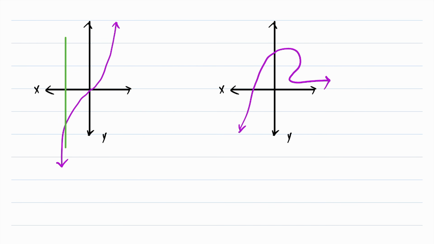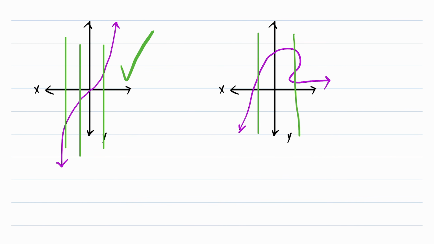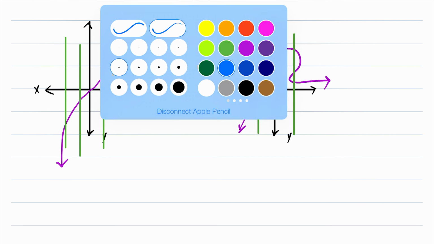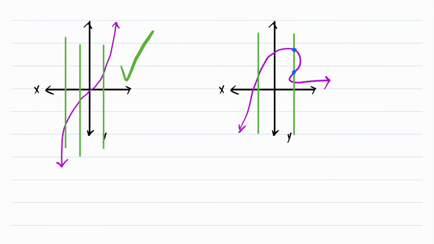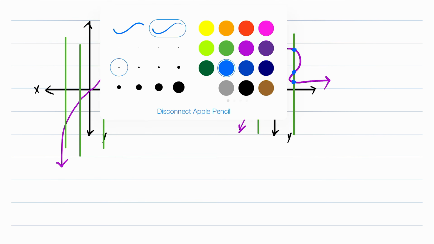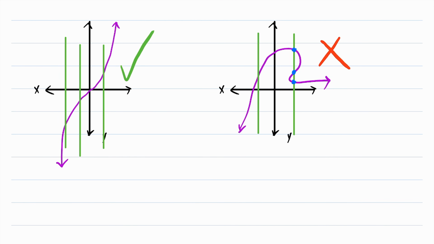If the answer is no, no vertical line will intersect the relation more than once, then the relation is a function. It passes the test. However, if there does exist a vertical line that intersects the relation more than once, then that relation fails the vertical line test and is not a function.